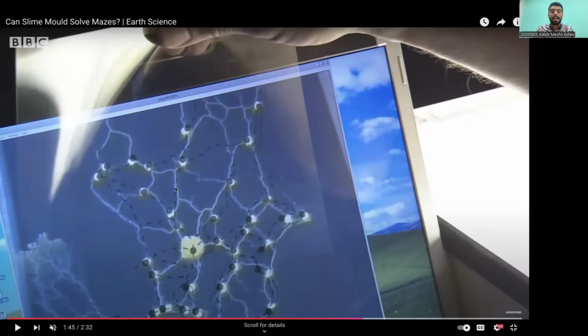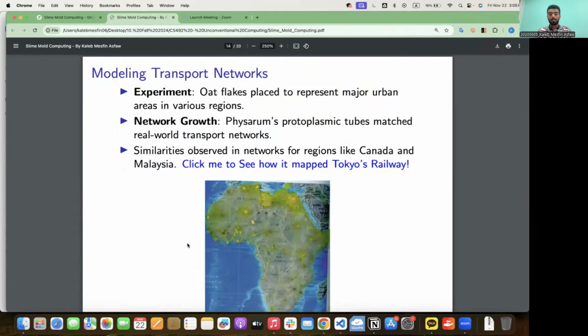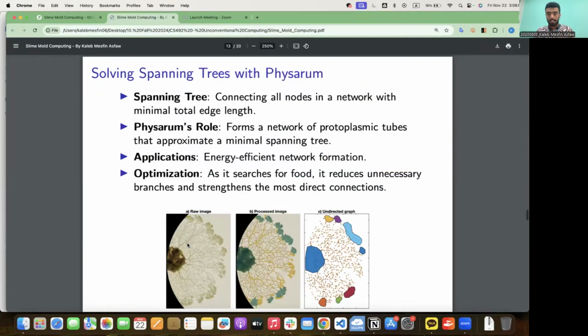If you look at the edges where the slime mold tried to optimally connect to get all the oat flakes, it's very interesting that the path it chose is very similar to the optimal path which was studied by Japanese scientists to build the railway, which took several years. So yeah, this is what makes it mind-blowing, and what makes us very curious to study the organism.